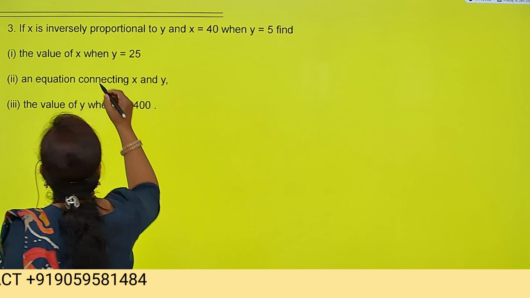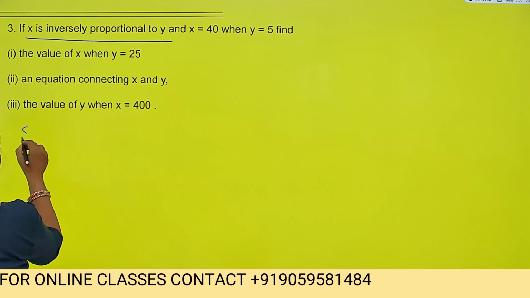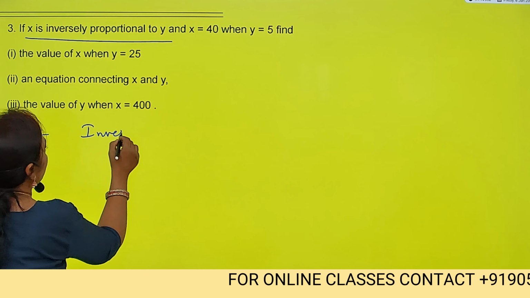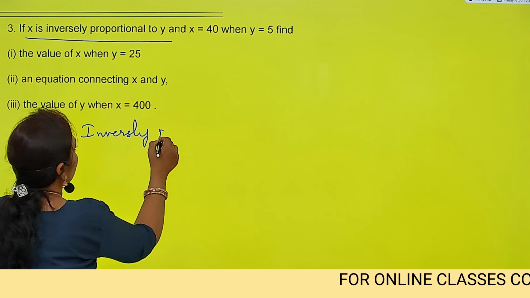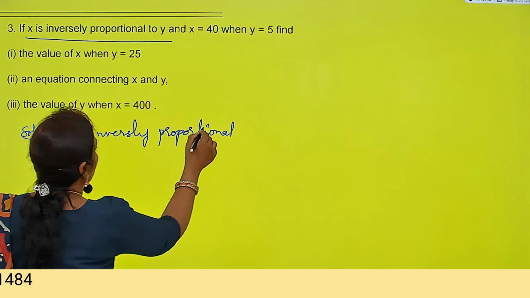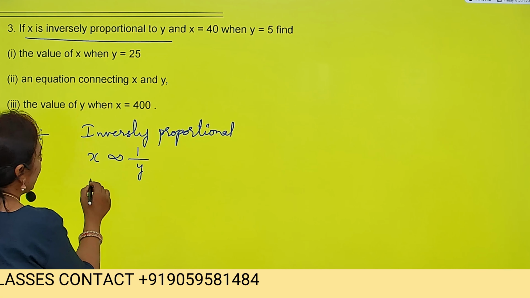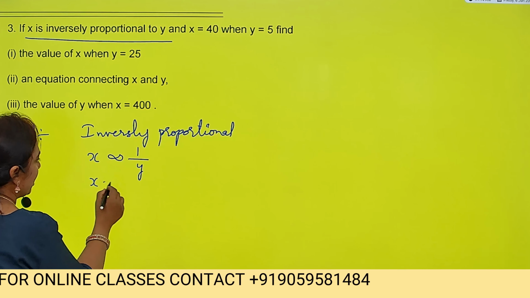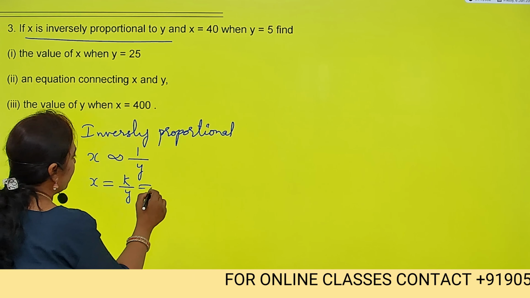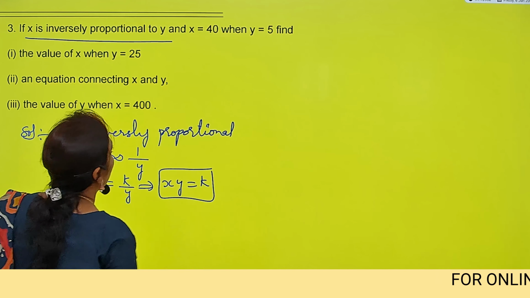Third one: if x is inversely proportional to y, what is the solution? The inversely proportional relation is x is proportional to 1 over y. Take the proportionality constant k, so x equals k over y. From this, xy equals k.